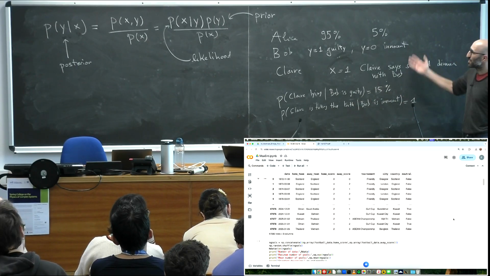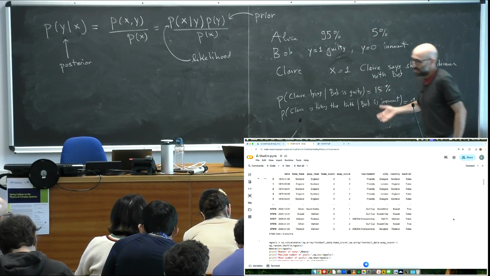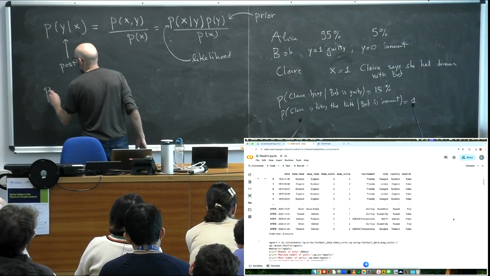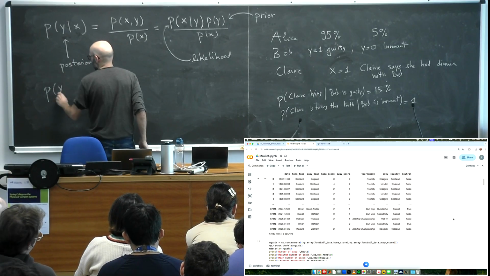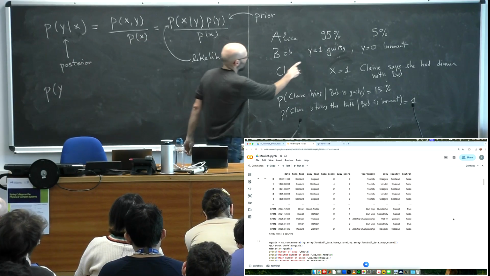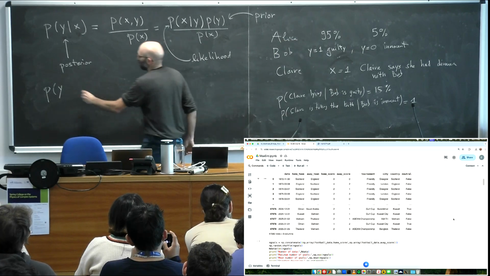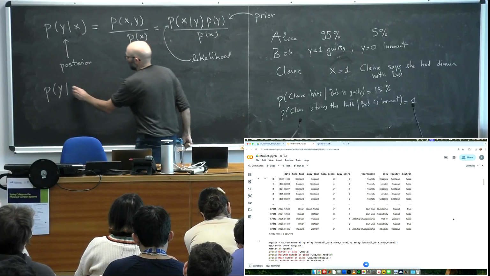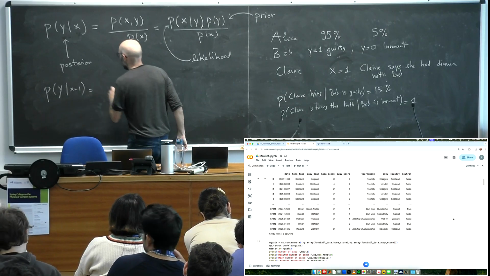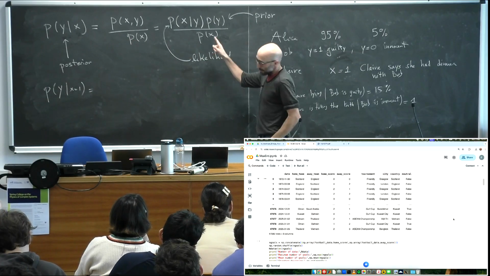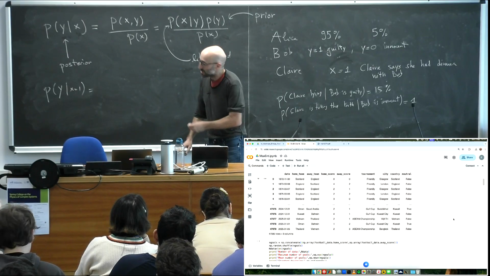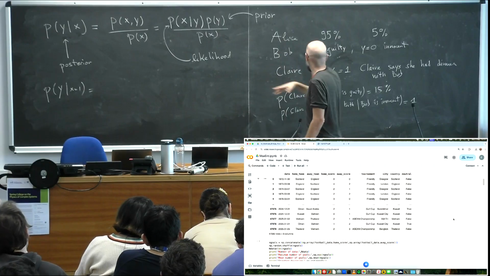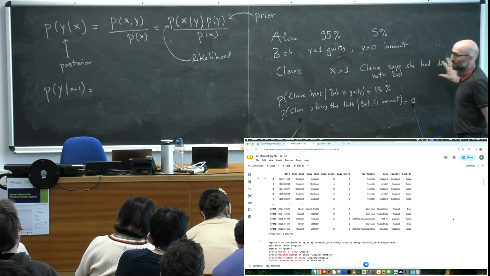Now with this, Alice can update the belief. How do you do that? Well, the probability of Bob being guilty, given the information you got, is given by what? So in the denominator, you have P of x. P of x is the probability of this event, right?